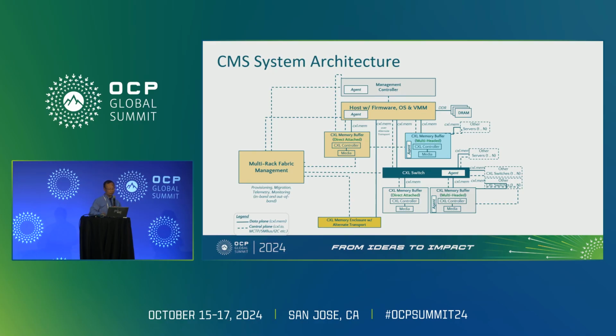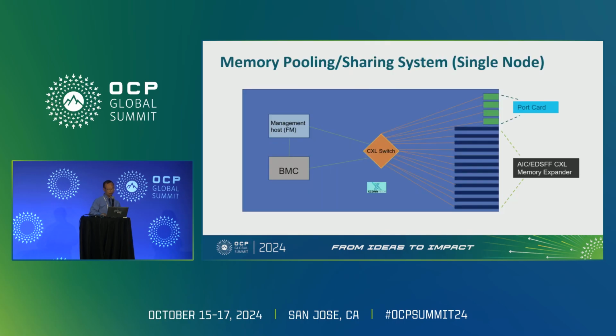Xconn is pioneering a CXL 2.0 switch as of today, and that chip is in the mass production stage. In the OCP exhibit floor, you will see multiple demos.